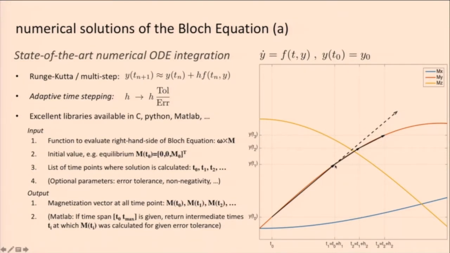So we can use large steps, and then when the solution starts to change more rapidly, we would get a huge error, so we better stick to smaller time steps to get an accurate solution.